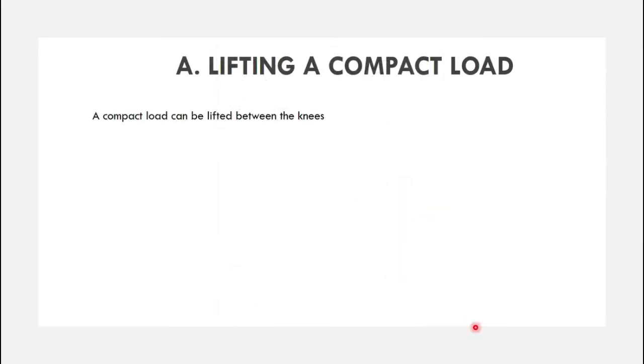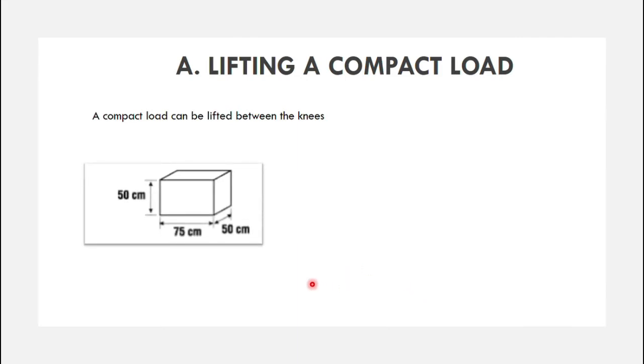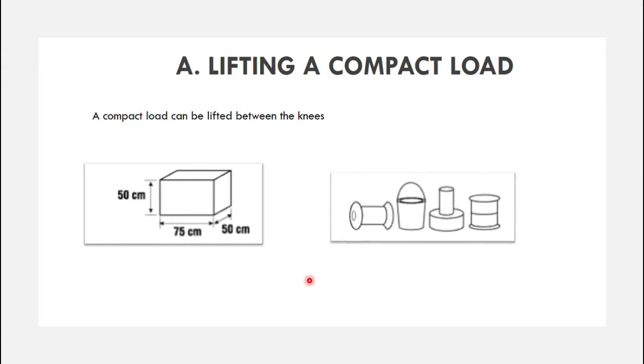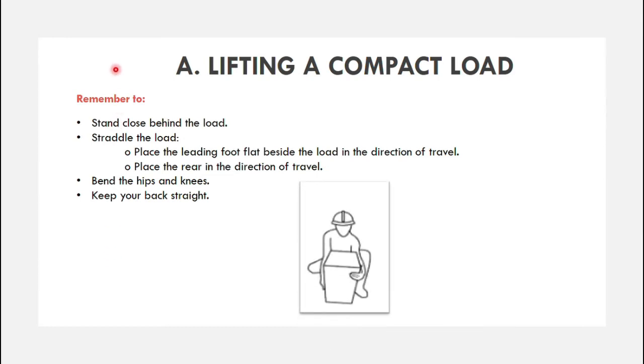Next is, ito ay lift a compact load. A compact load can be lifted between the knees. Then, this is the example of compact load. Remember to stand close behind the load.